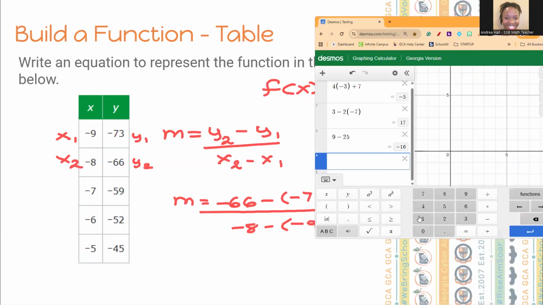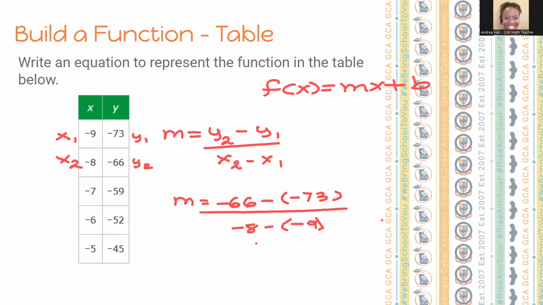I'm going to put parentheses around my numerator so it stays there. Negative 66 minus negative 73. Close parentheses, then divided by, that's how I know it's going to my denominator. And then negative 8 minus, parentheses, negative 9, close parentheses. And I get a slope of 7. So I know my slope is 7.